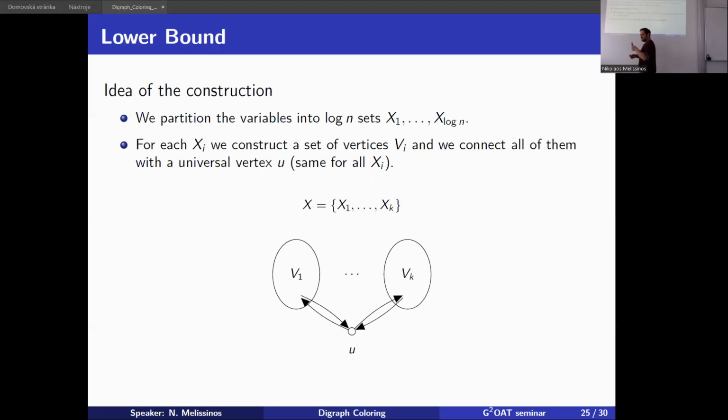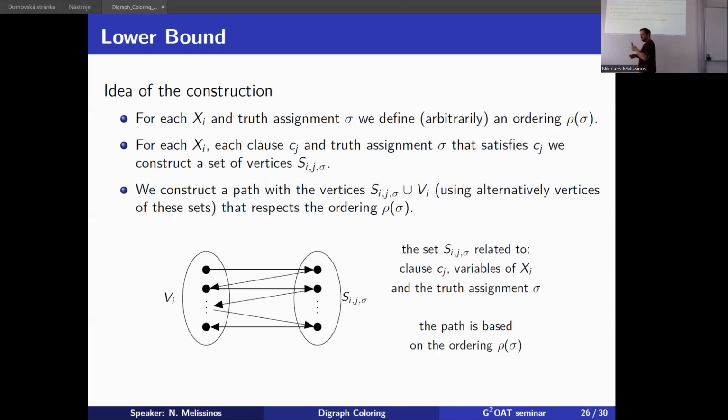Then we need to find a way to represent the assignments for each one of those sets. The idea here is that for each one of those possible assignments, we define an ordering, and then we create another set, which is here the S_ij sigma, which is related to this assignment, the clauses that are satisfied by this assignment, and the set of variables.